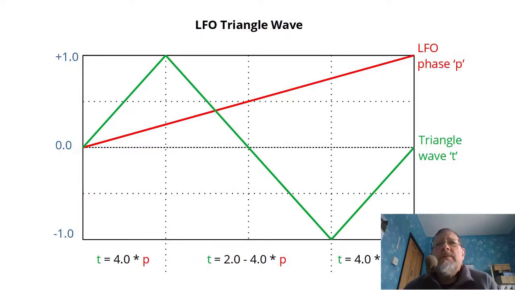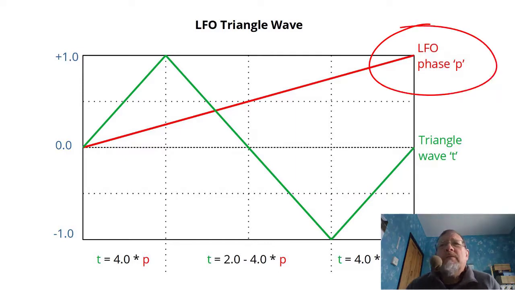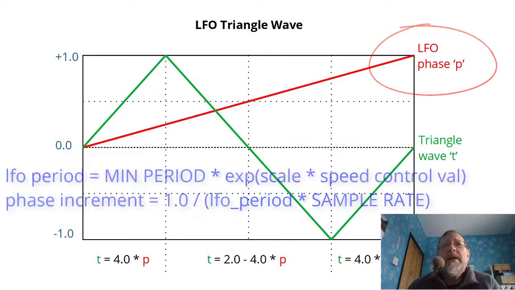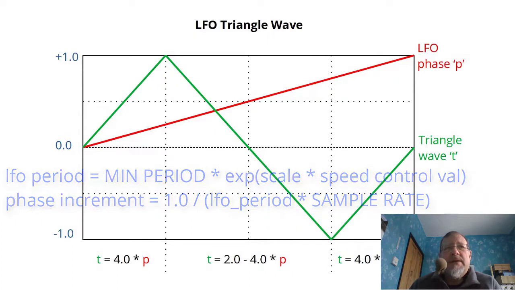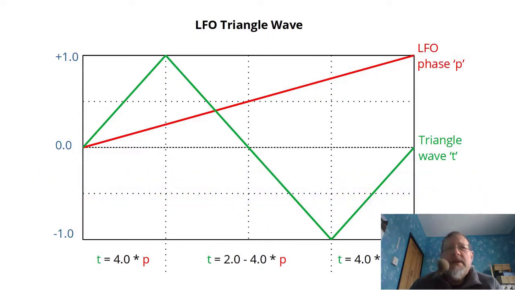All the waveforms use a simple phase value, which is incremented every sample by a value dependent on the LFO speed control setting. This is simply looked up from a table to give an LFO period which ranges between 100 milliseconds and 10 seconds. So first the triangle wave, which is the most complicated.